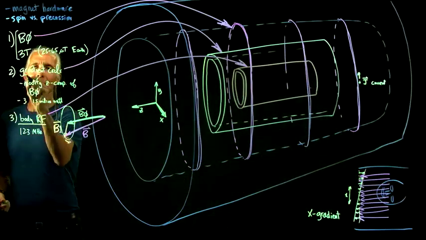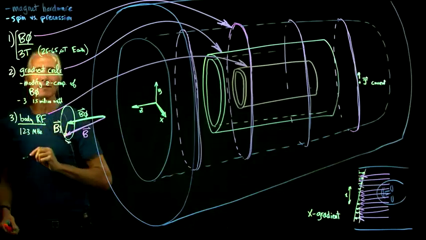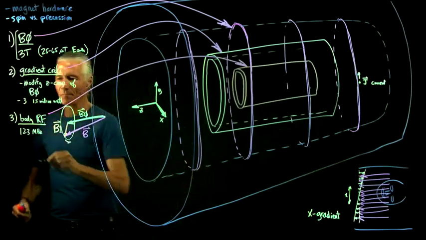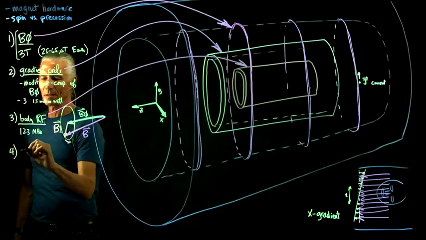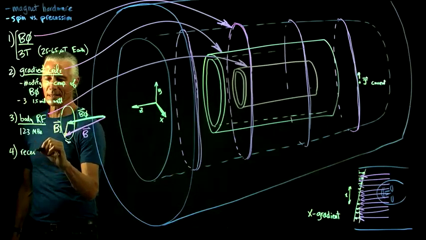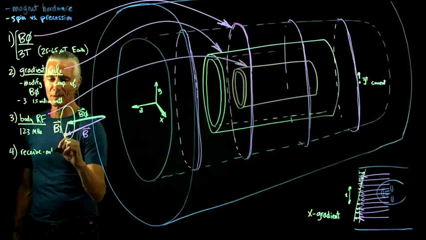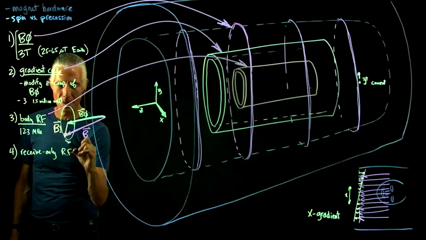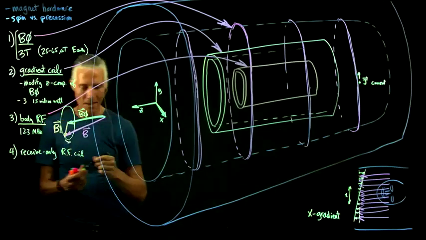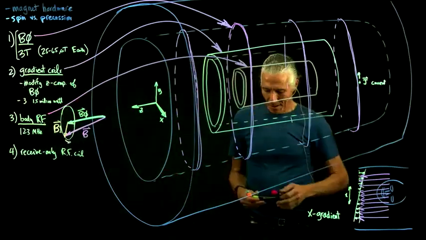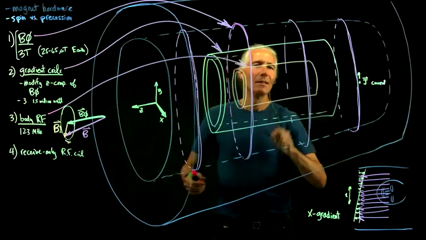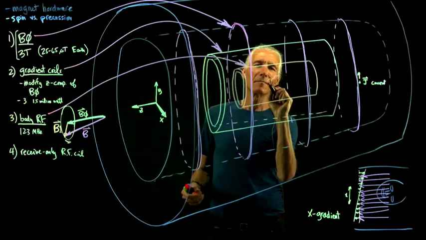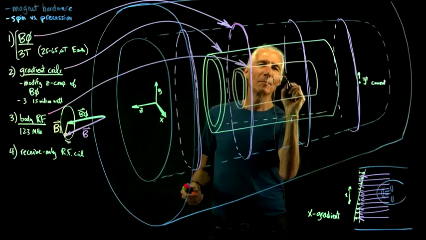So we did the B0 coils, the gradient, the body RF, and then finally we have to pick up the signal. In modern magnets, this is done by a receive-only RF coil. So we need a person in here. There's an ugly MRI Marty person in there.